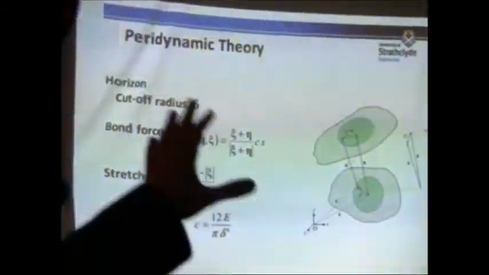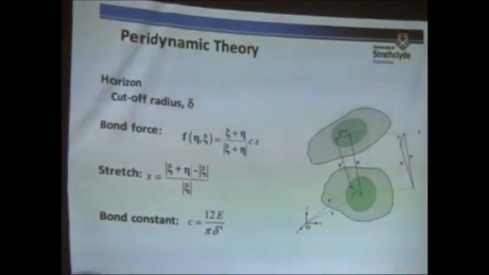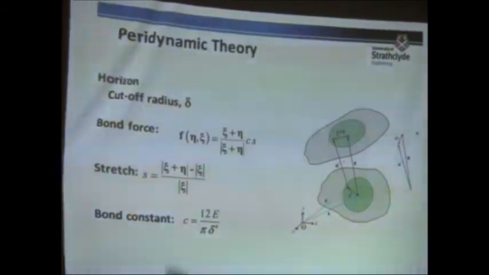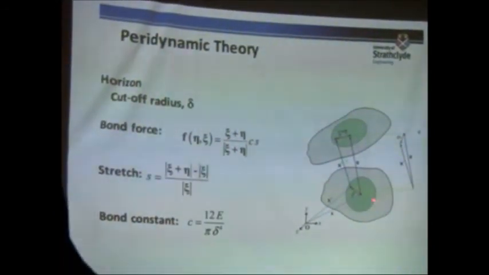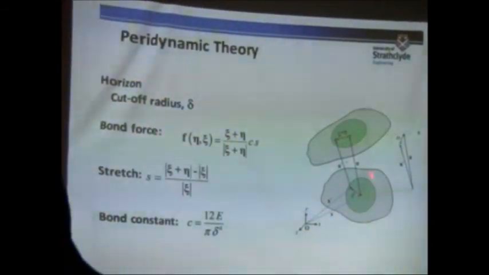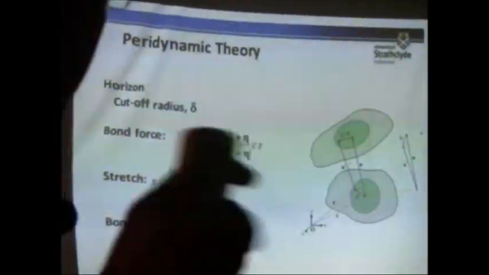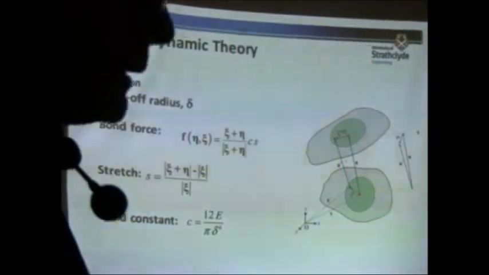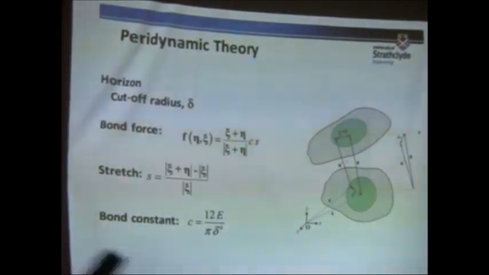Now I just want to introduce you to some important parameters that we use in this formulation. Although I mentioned that a material point can interact with all material points inside the body, since most of the time we are doing a numerical calculation, taking into account all these interactions would be computationally very challenging.